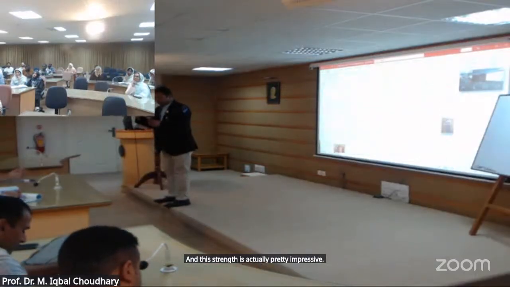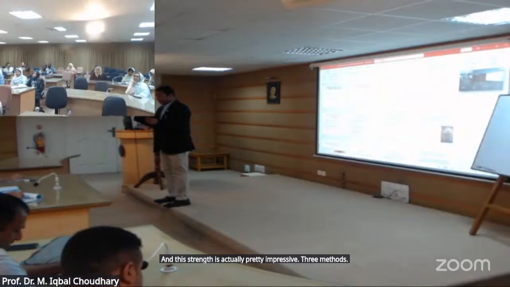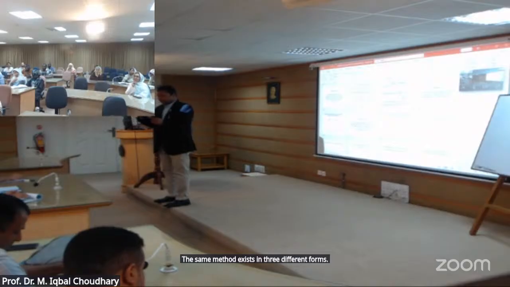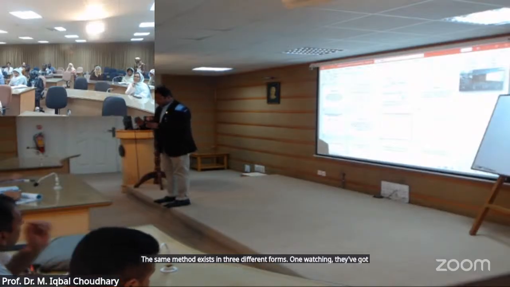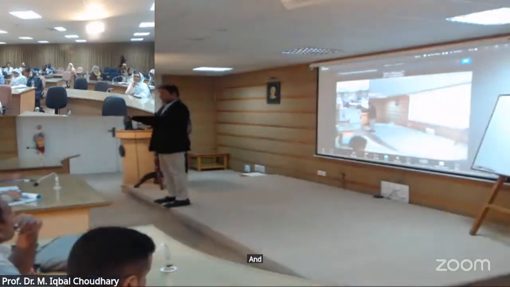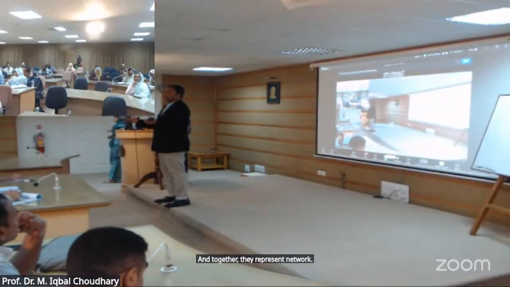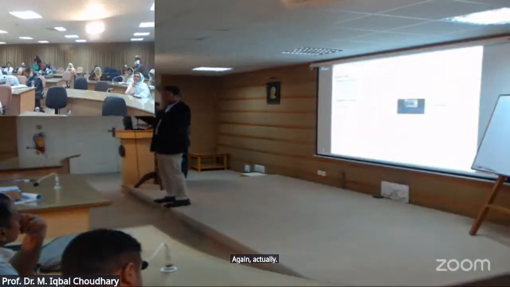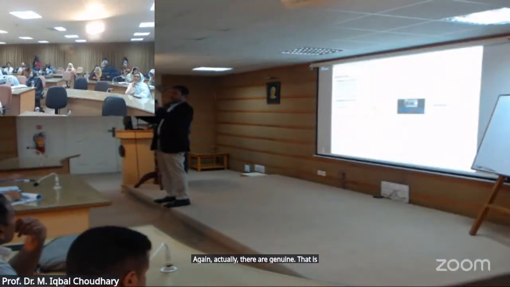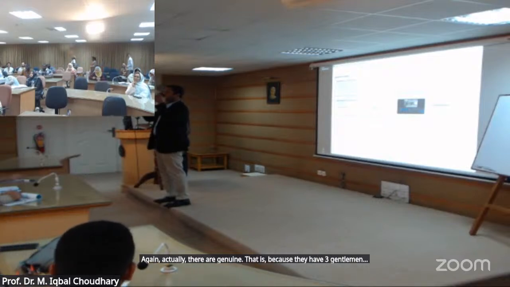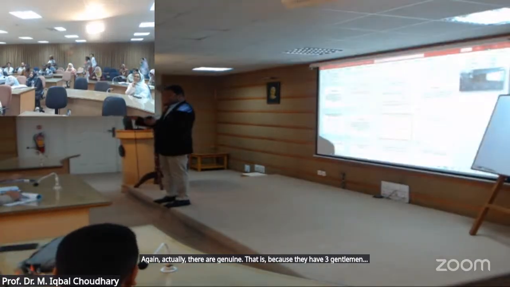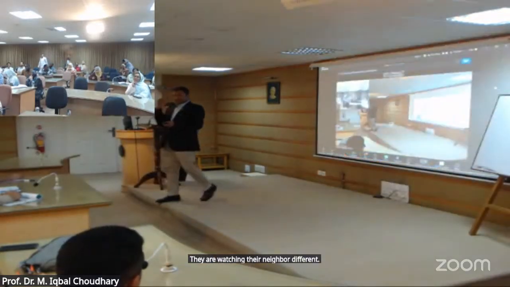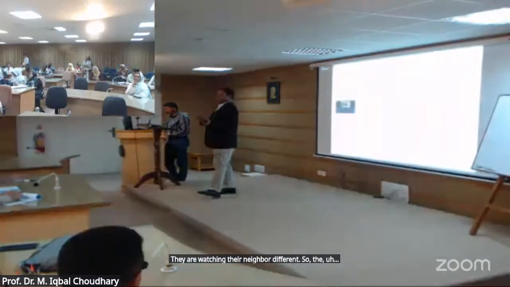And this triplet is actually three methods. The same method exists in three different forms. One watching neighbor in a different shape. And together they represent methods. So you call it splitting. Actually, they are genuine methods because they have three genuine ramifications, and they are watching their neighbor differently.